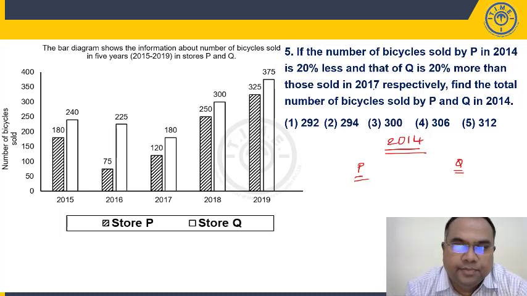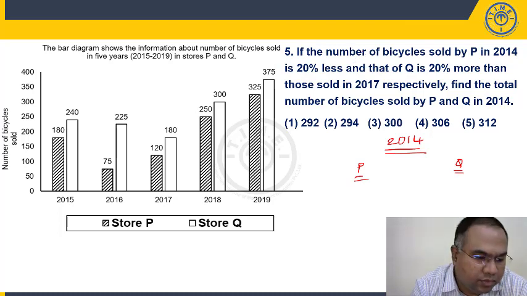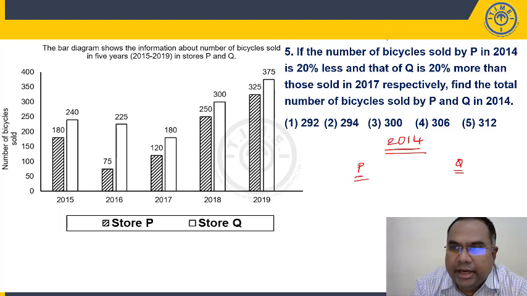Alright, students. Almost it's about 1 minute time. If the number of bicycles sold by P in 2014 is 20% less than and Q is 20% more than those sold in 2017.